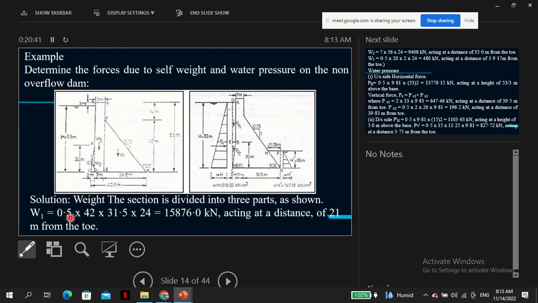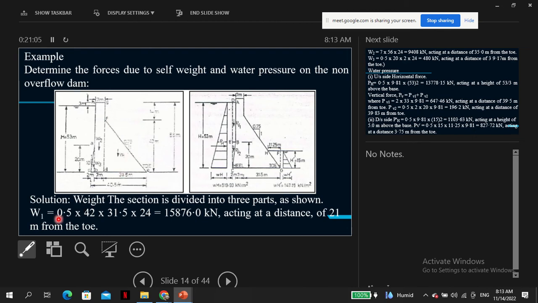Weight one. Which one is weight one? Is it 42? Okay, weight one is this one.